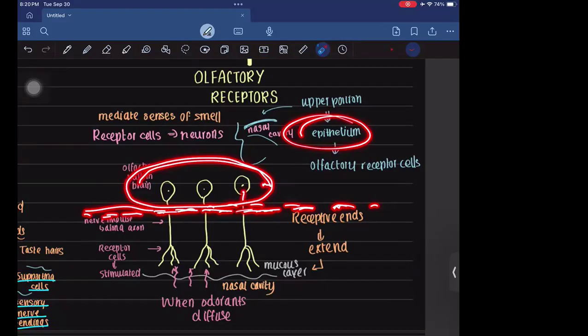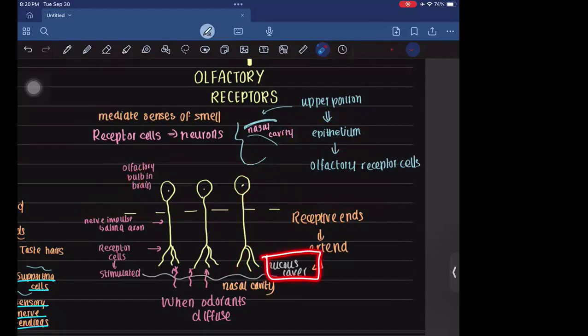Each olfactory receptor will have receptive ends. These receptive ends will be extending into the mucus layer of your nasal cavity. If this is the mucus layer and this is the olfactory receptor cell, the receptive ends are going to extend like this into the mucus layer.